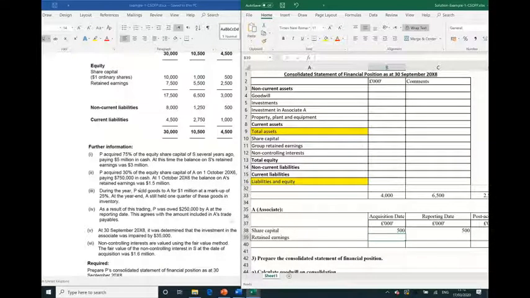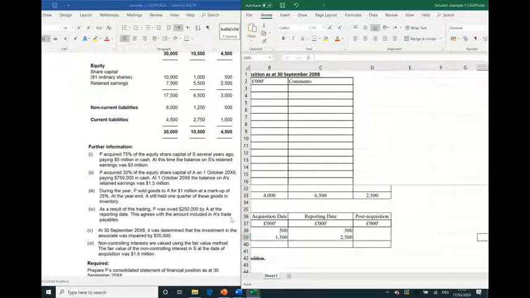It is mentioned as 1.5 million, which is here 1,500. And at reporting date we have 2,500,000. So this means that we have a post-acquisition retained earning of 1 million. There is no change in the associate capital.